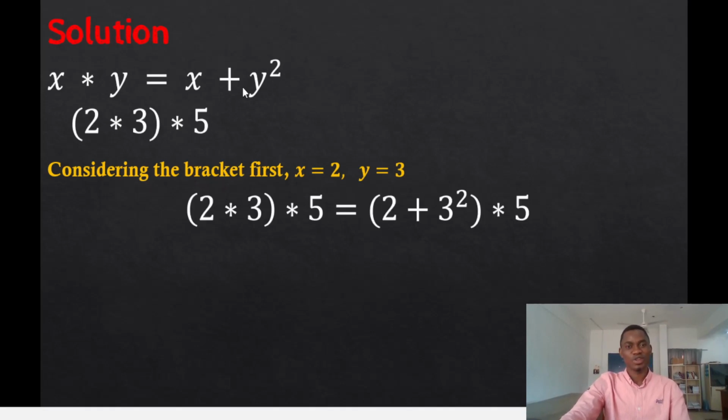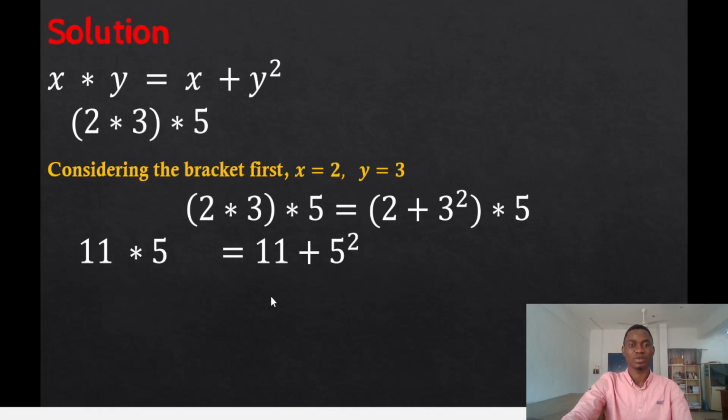So our formula is x star y equals to x plus y squared. So considering the bracket first, our x is 2, then our y is what? 3. So we have x plus y squared, which is 2 plus 3 squared. Then we repeat our star 5. Okay, that will be waiting for us until we are done with the content of the bracket.